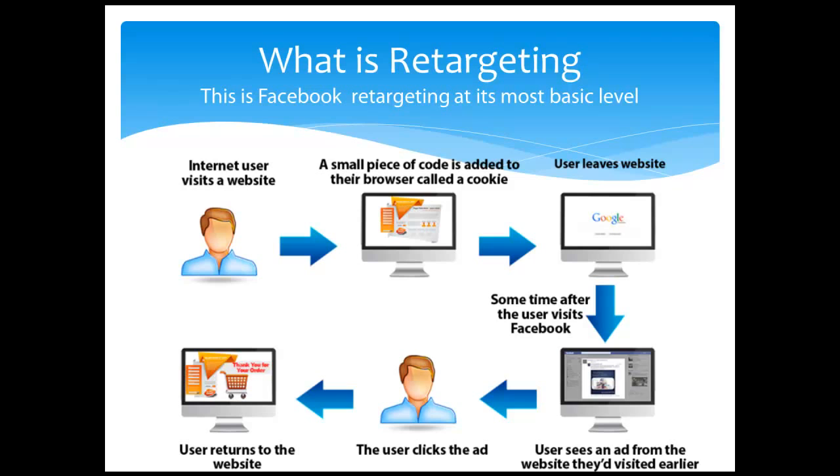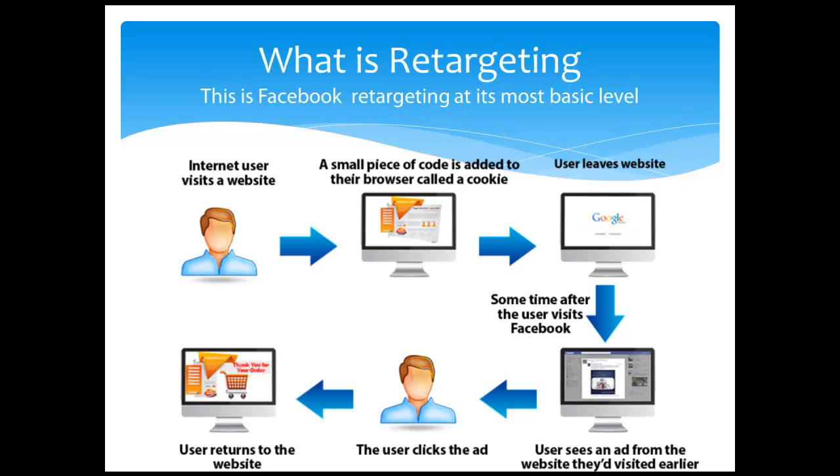So they go to a website, they leave that website, and at some time in the future after that, they go to Facebook, and when they're on Facebook, they see an ad that's related to that particular website, and then they might click it and go back to that website.